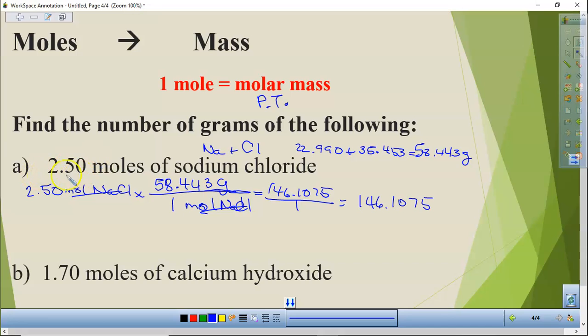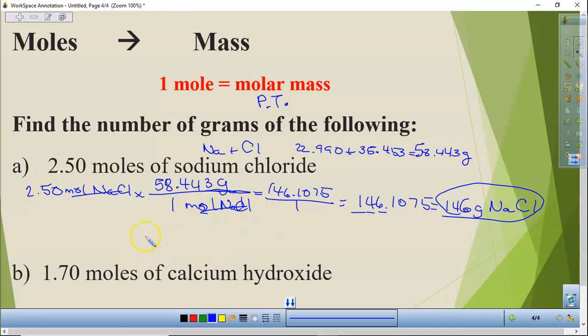How many do I have in my problem? I have 3. Does that 1 do anything to the 6? No, it doesn't. So my final answer is 146 grams of sodium chloride. That's the number of grams in 2.5 moles of sodium chloride.